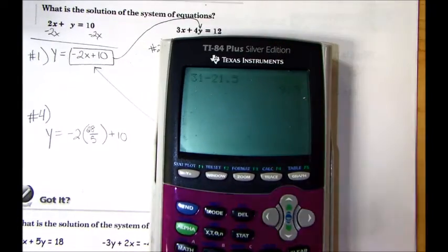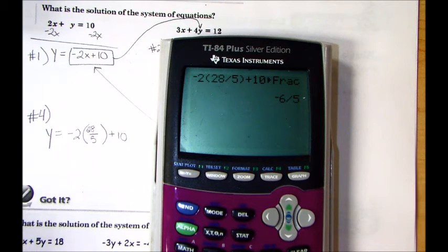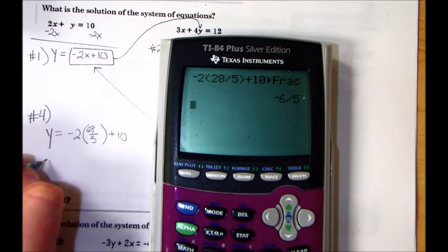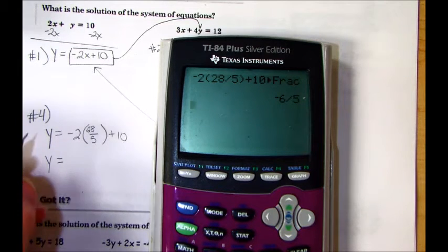All right, get your handy-dandy calculator. Negative 2 times 28 over 5 plus 10 as a fraction is negative 6/5. Negative 6/5. I don't know if I said that funny or not.